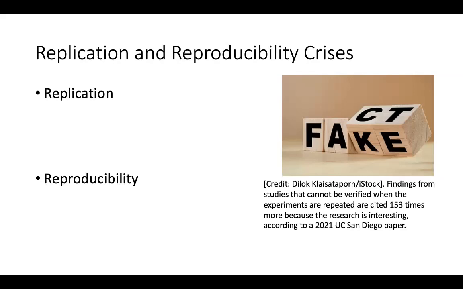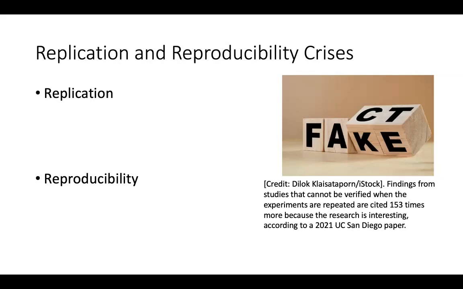But aside from the replication crisis, which has been with us for a while, in the last several years, people have identified what's called the reproducibility crisis. Reproducibility is the idea that you take the same data set and follow the same algorithms for analyzing the data.